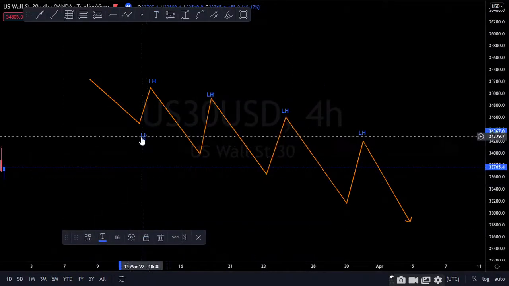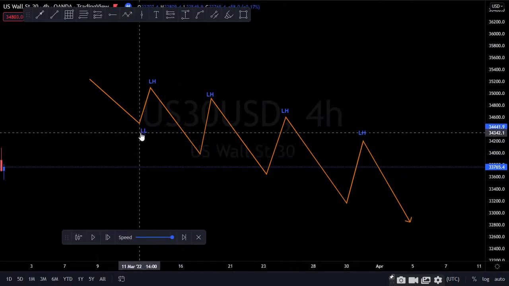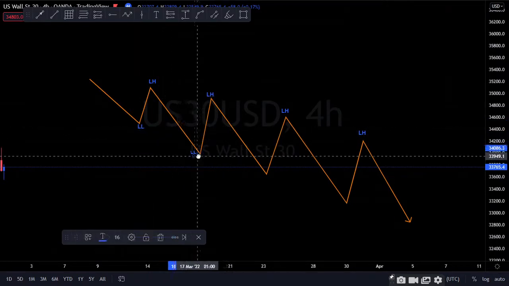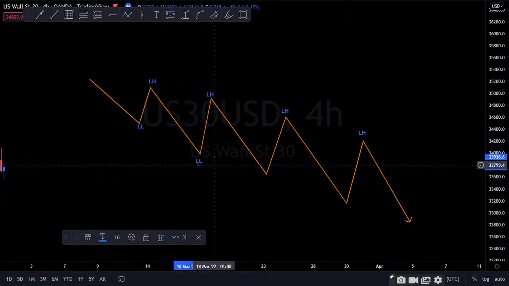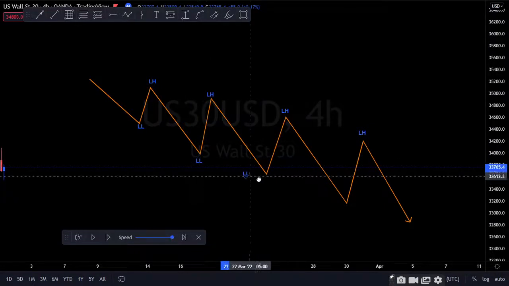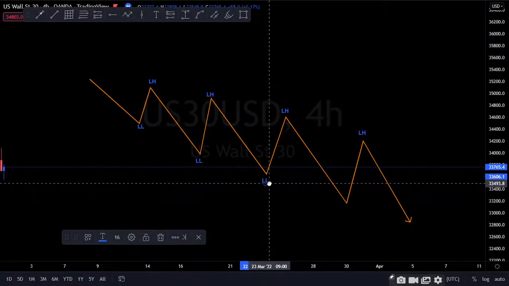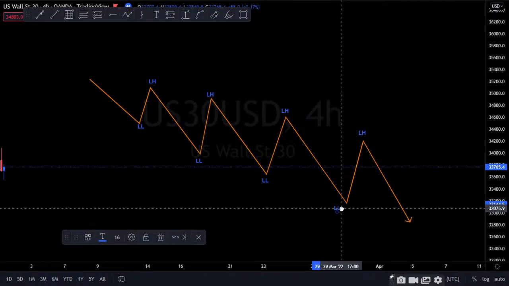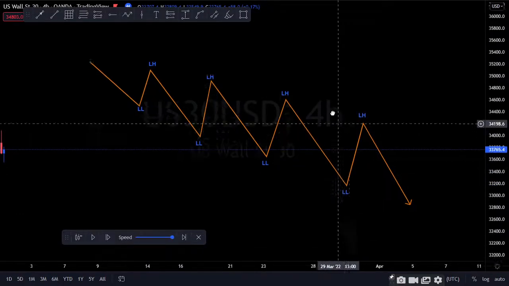We have a lower low here, another lower low, another lower low. We get them.